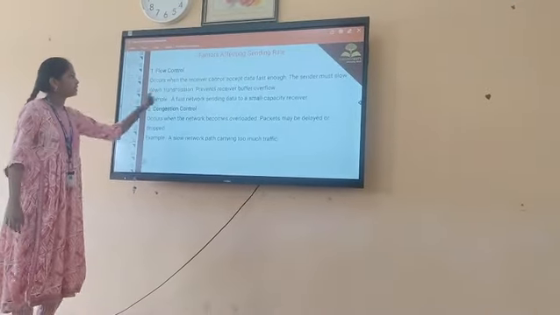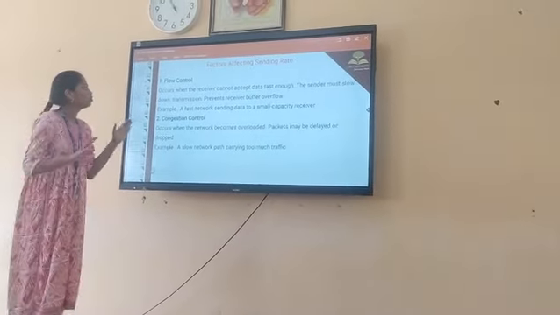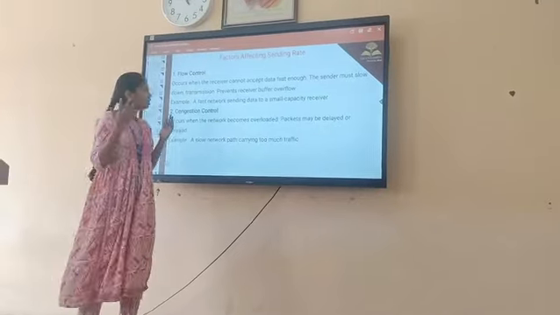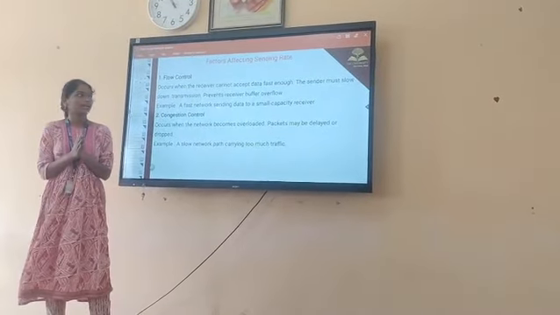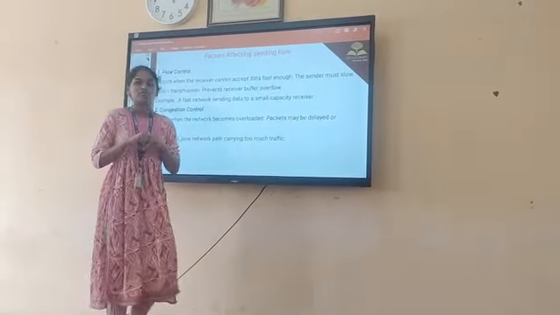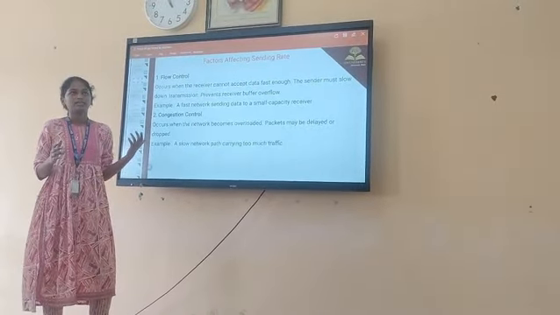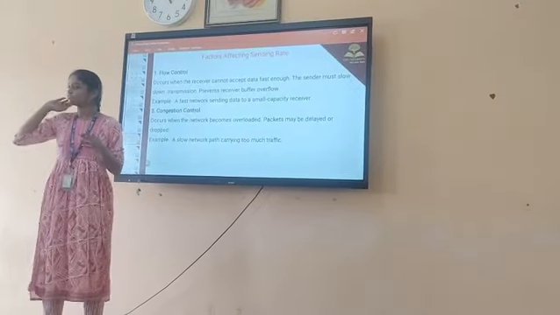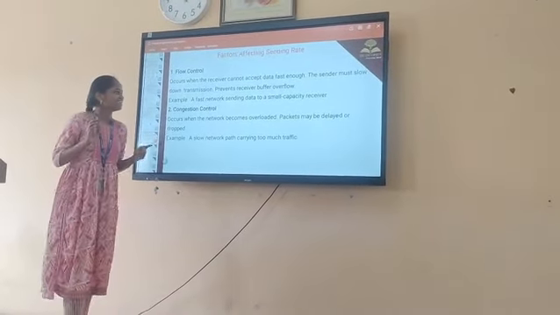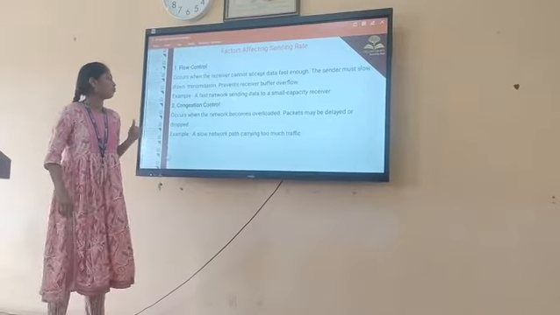These are the factors affecting the sending rate. First, flow control. Flow control occurs when the receiver cannot accept the data fast enough. So the sender must slow down its transmission and prevent receiver overload.